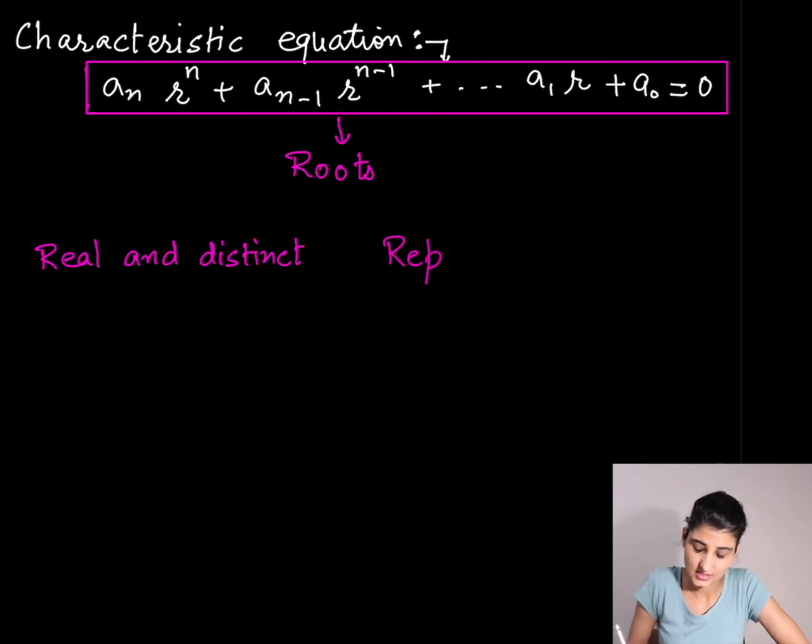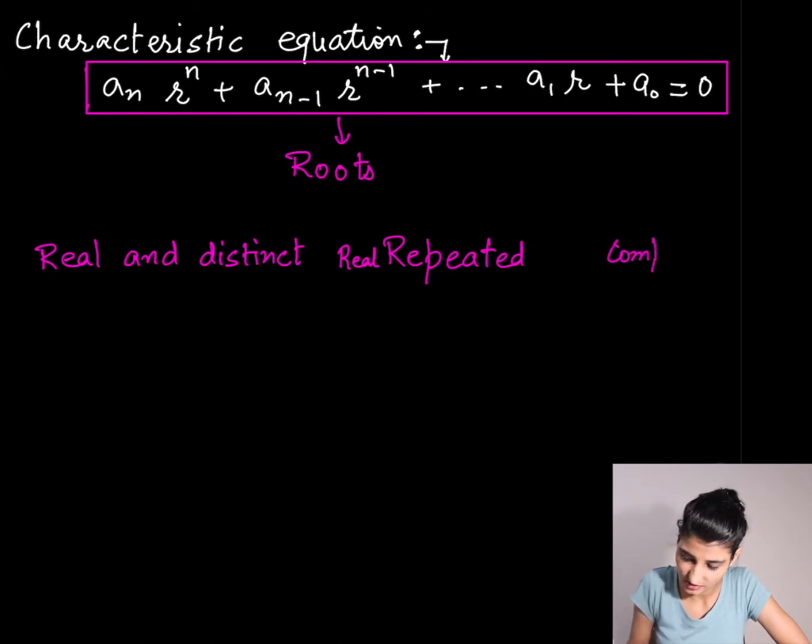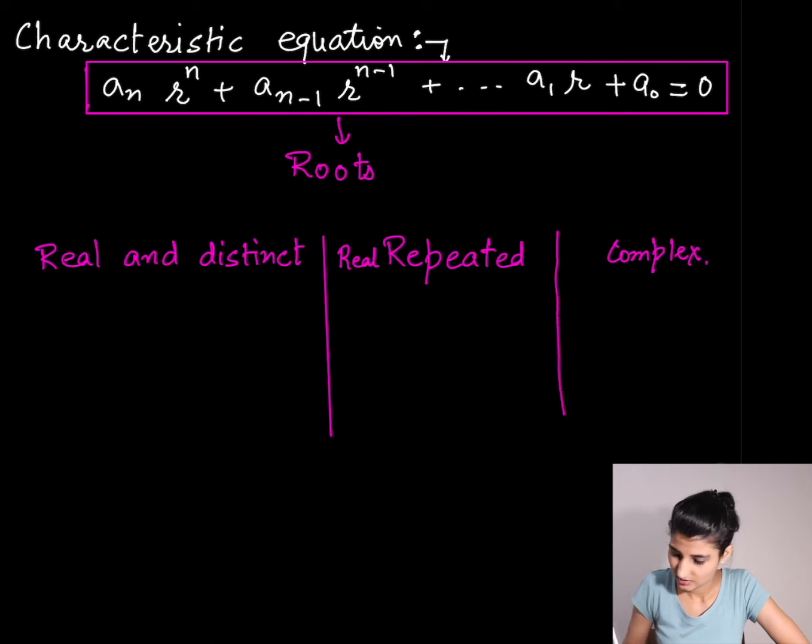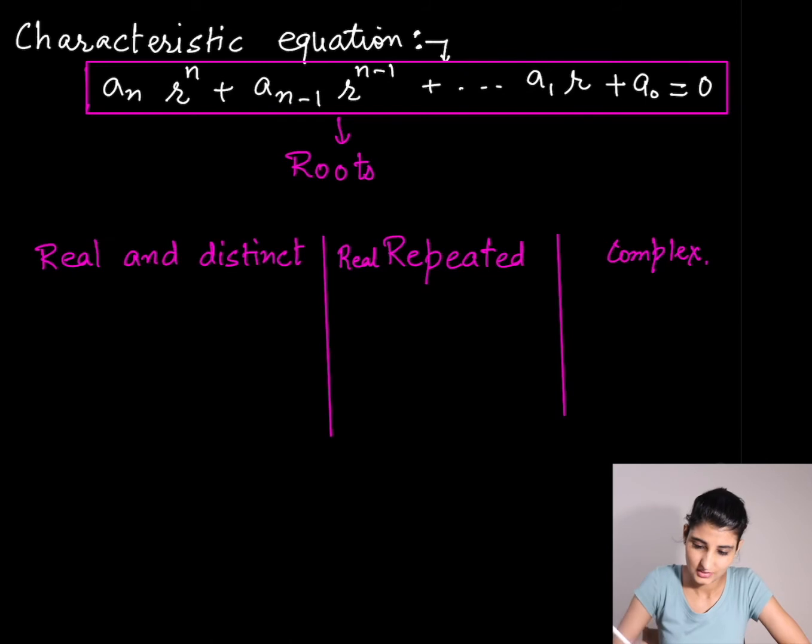So in a single problem, we can have all of these types of roots: real, repeated, and complex. Complex actually needs more space, but that's okay, let's write it down.